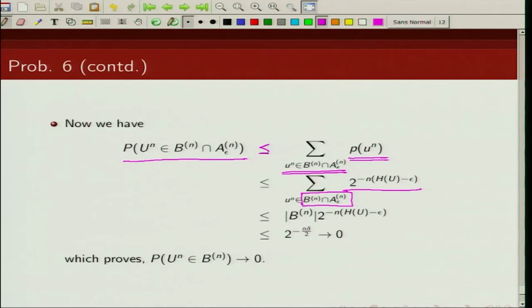Now when I sum over this set, I can write this as less than or equal to the cardinality of this set multiplied by this probability.